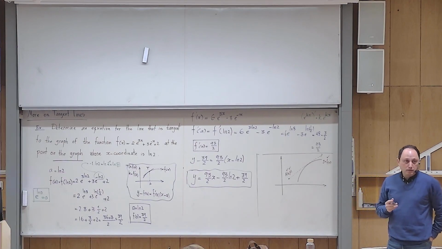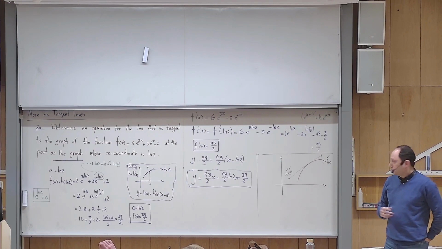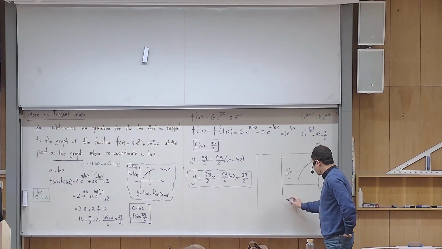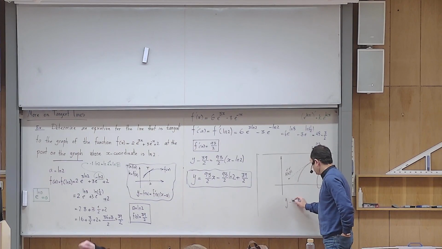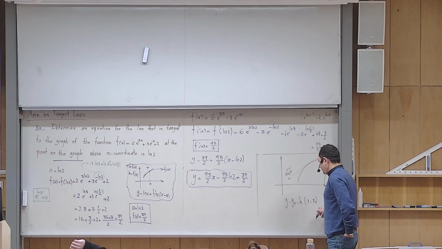Now, first of all, tell me why the problem is different from that problem. For example, because I want to write the equation of the tangent line, I still can use that formula, yes? This is what you learned in Math 2C.